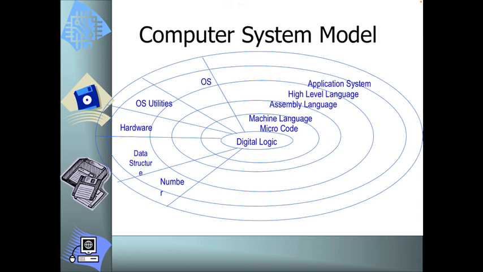If you can see, at the core we have digital logic. Then we have machine language, assembly language, high level language, and also application system. This is why they say this is the onion model, the shape of an onion.